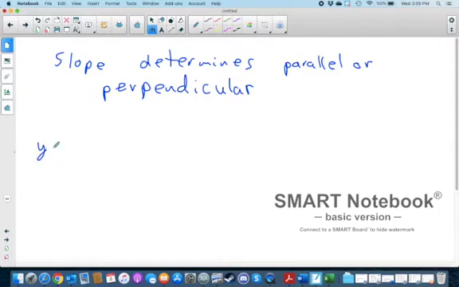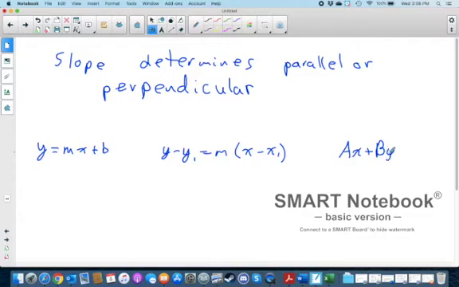We can either write it in slope-intercept form, we can write it in point-slope form, or we could write it in standard form. Those are our three options.